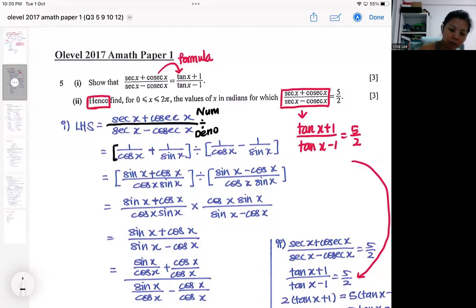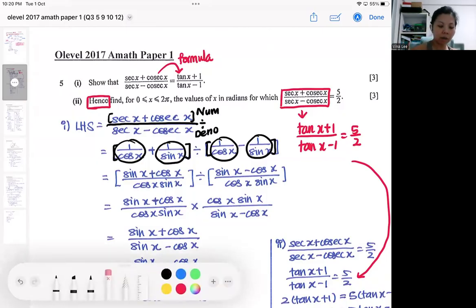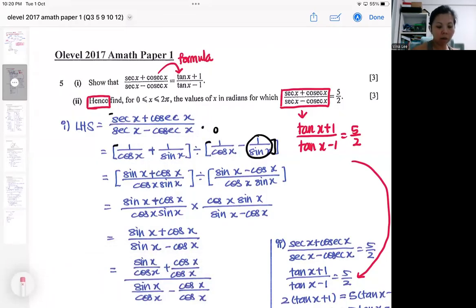Within the numerator, go and change out the secant. This is how I change out the secant, and this is how I change out the cosecant. Same for the denominator. So you see it as numerator divided by denominator, and within the numerator, you do the respective change of formula.